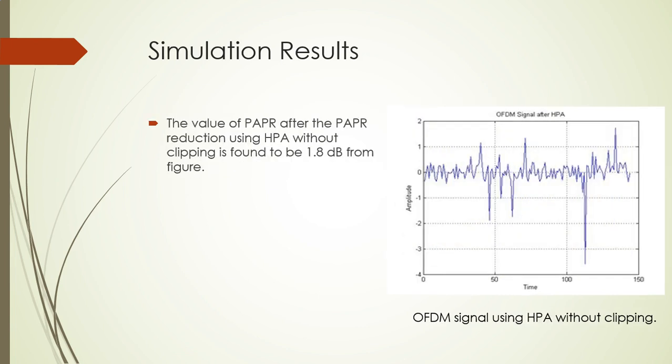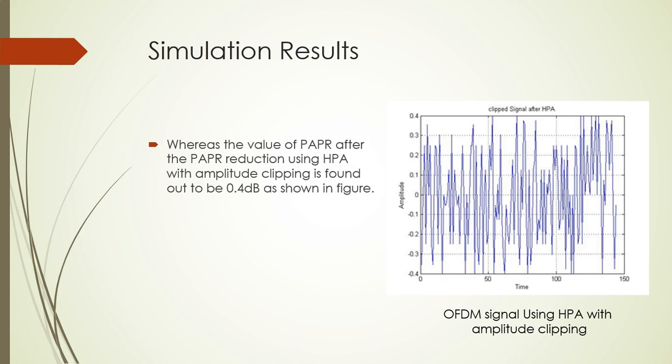Next, we calculate the value of the PAPR using the high power amplifier without clipping. Here we found the value to be 1.8 dB, which is really high compared to the other results. And the fourth condition is the value of PAPR after the reduction using the high power amplifier with amplitude clipping, and the value is found to be 0.4 dB.